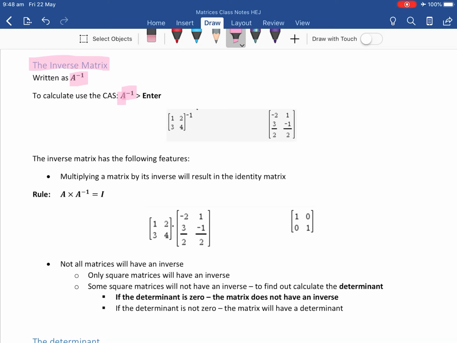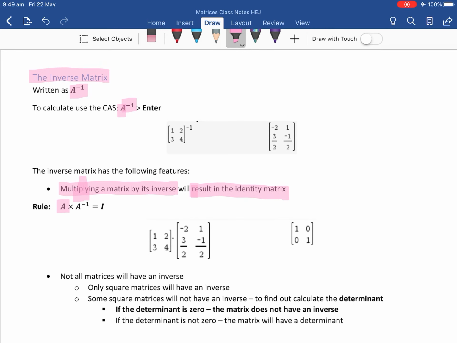The inverse matrix has the following features. Multiplying a matrix by its inverse will result in the identity matrix. So the rule is, you have a matrix, you multiply it by its inverse, and then you'll get the identity.